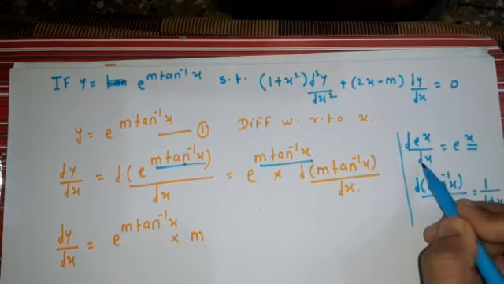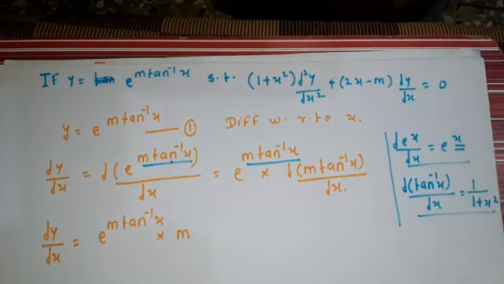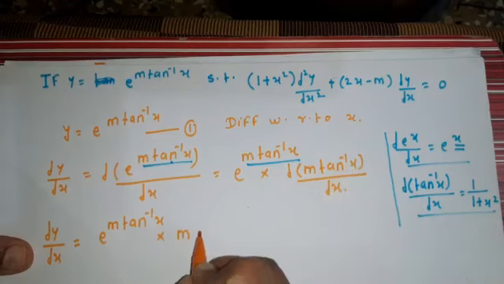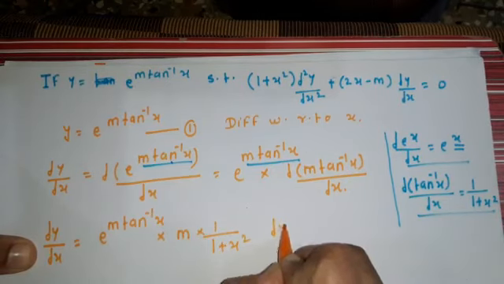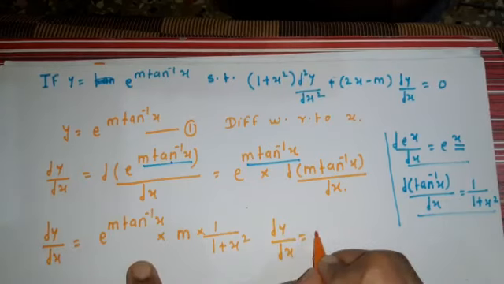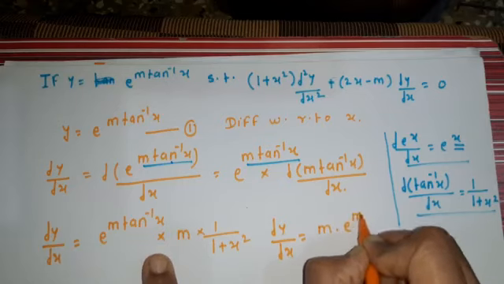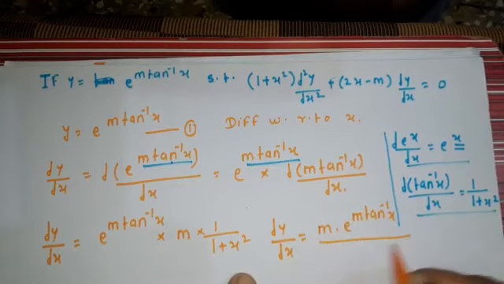By using this formula, and hence dy by dx equals m e raised to m tan inverse of x upon 1 plus x square.